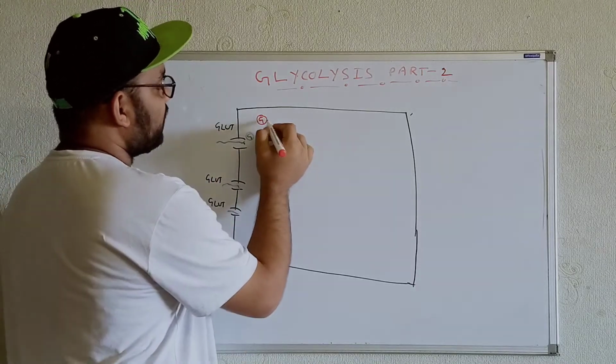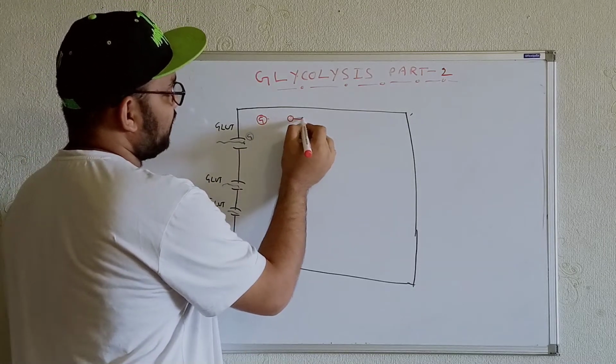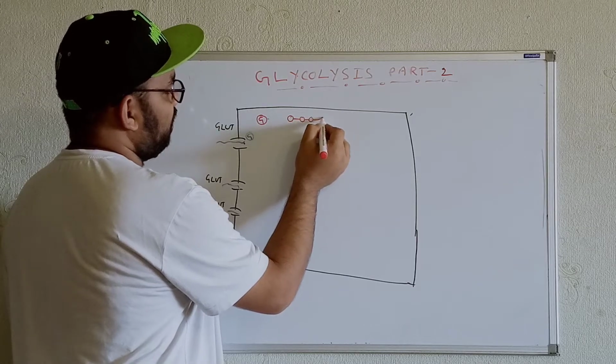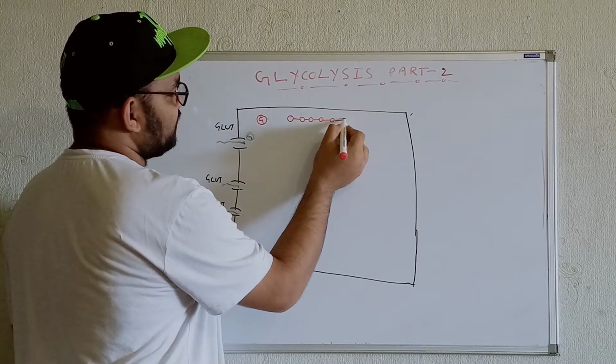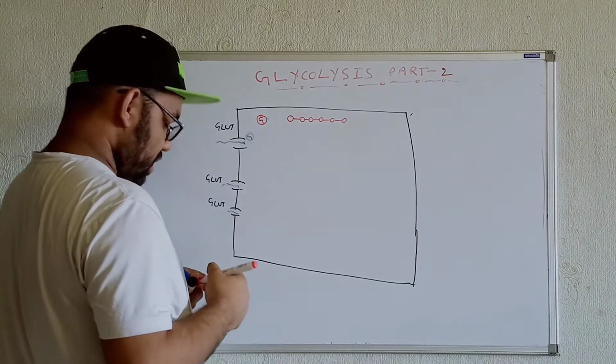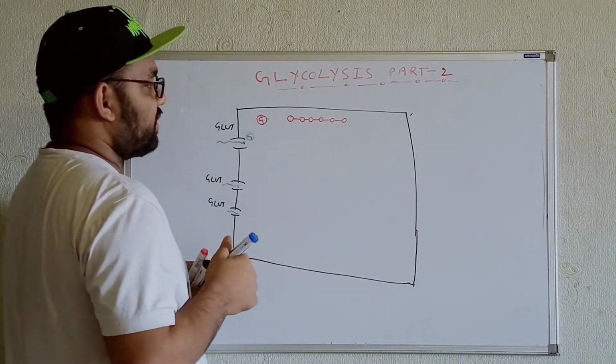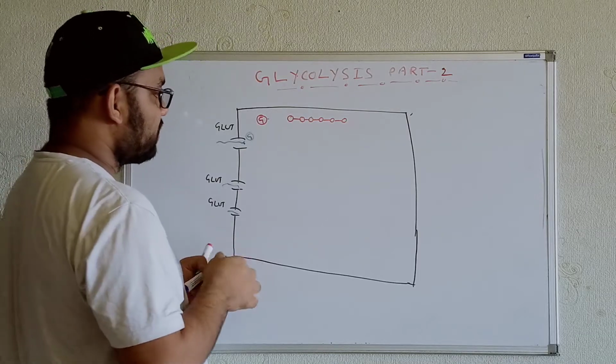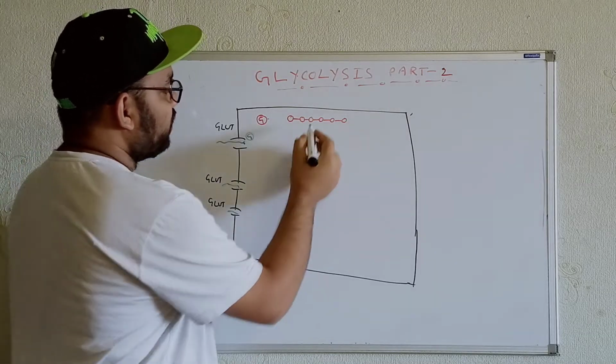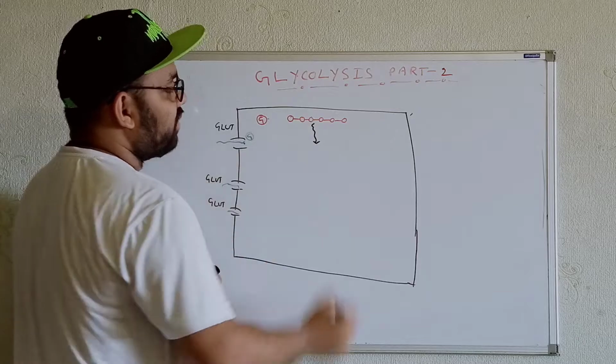Glucose has 6 carbon atoms: 1, 2, 3, 4, 5, 6. Now see the first step of the reactions of glycolysis: we add one charged molecule to the glucose.